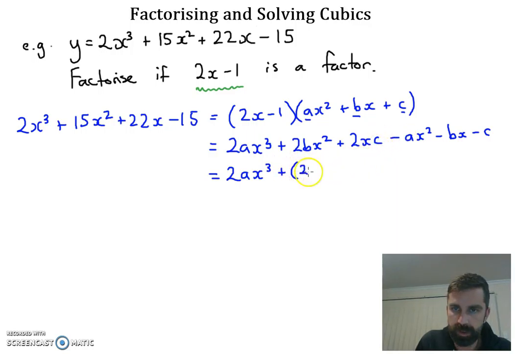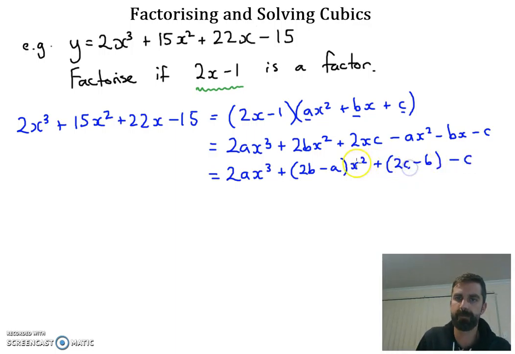So that'll be 2b take a, x squared. I'm going to collect together my x terms, so that's 2c and negative b. And then my constant is this value on the end, which is negative c.